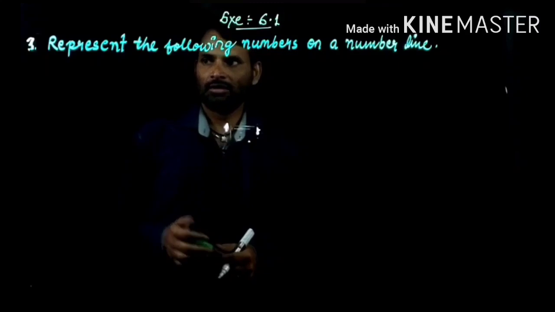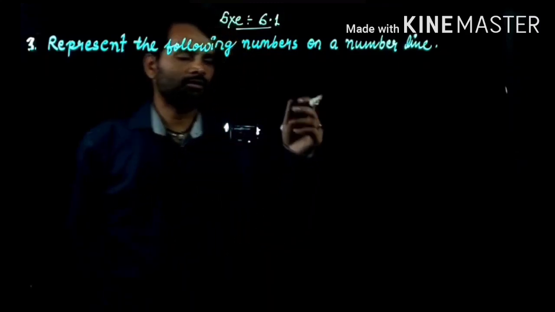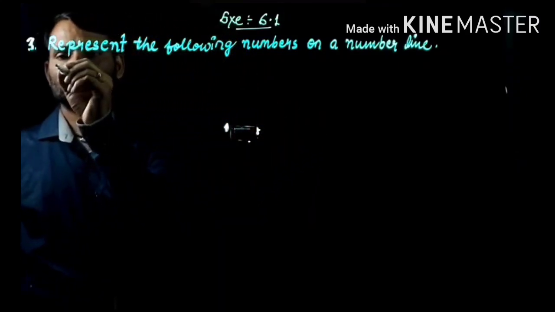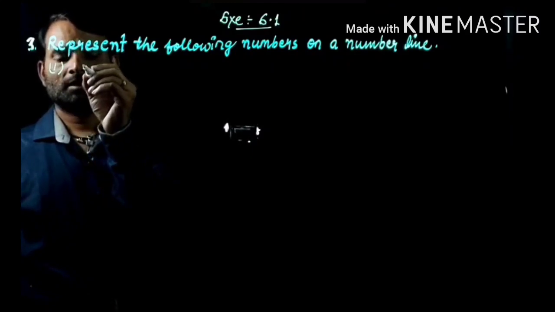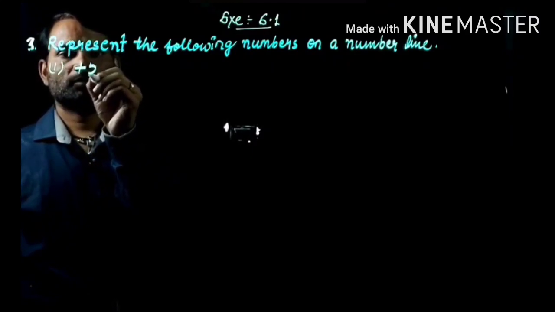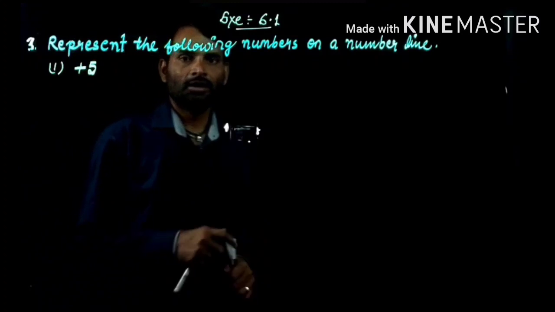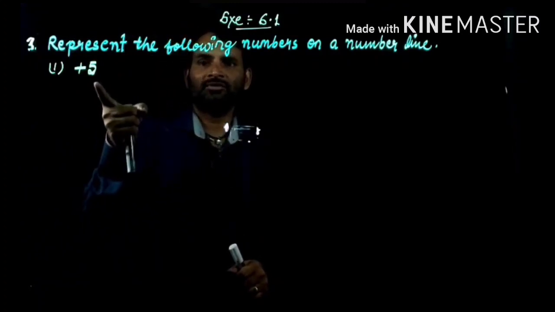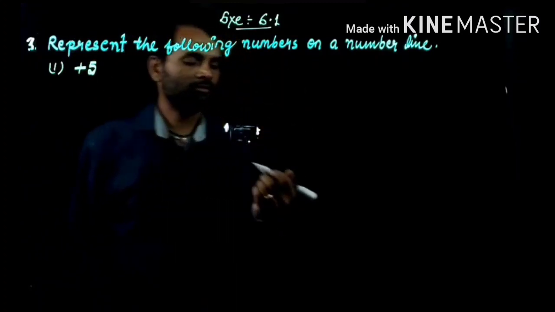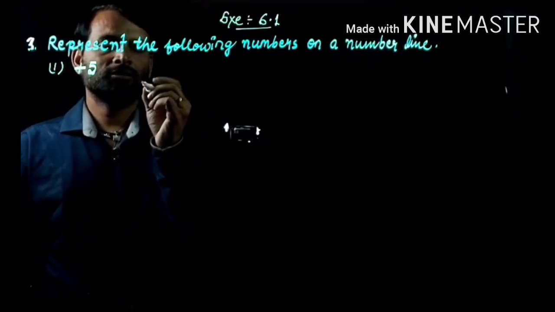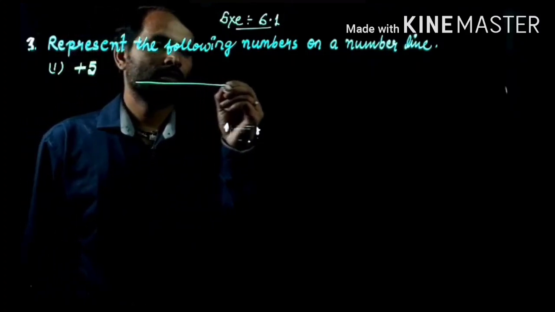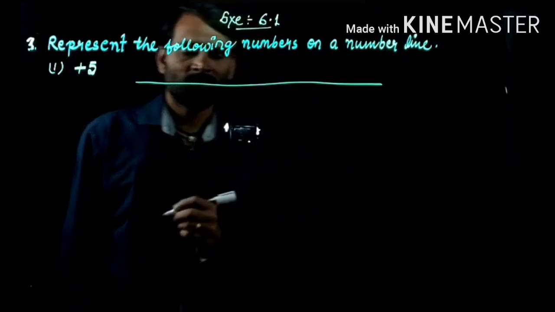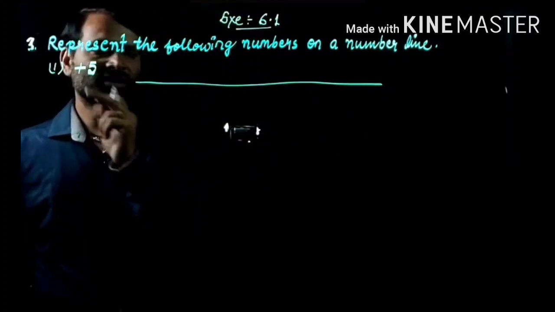Now question number 3. Represent the following on a number line. The first number is plus 5. That means plus 5 will be represented on the number line. First you draw a number line with a ruler.